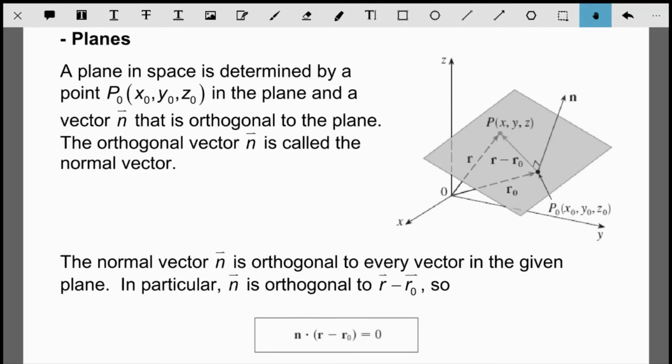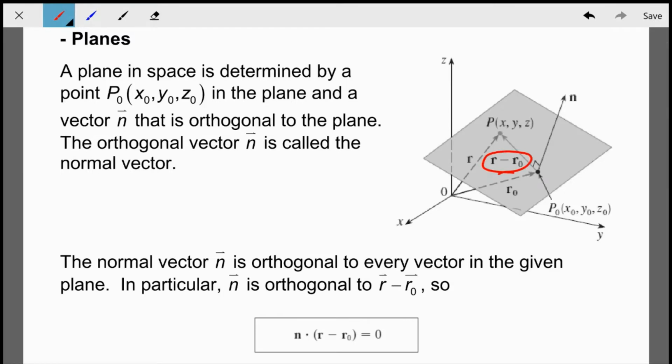Now, if I had a vector that was normal to those, notice we can use r minus r naught as this vector that is drawn in here. So what we're going to do to derive the equation of the plane is we're going to use that idea of r minus r naught being perpendicular to that normal vector.